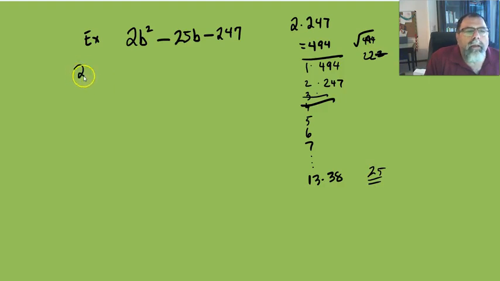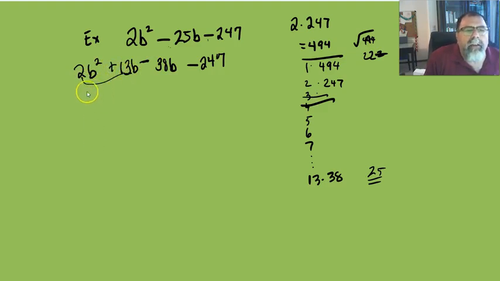So we're going to rewrite this as 2b squared. Okay, let me do the signs in a minute. So let me get rid of that. So I'm going to do 13b, 38b, and then minus 247. The bigger one gets the minus, and for the product to be negative, they have to be opposite signs.